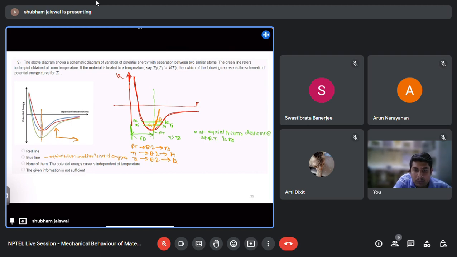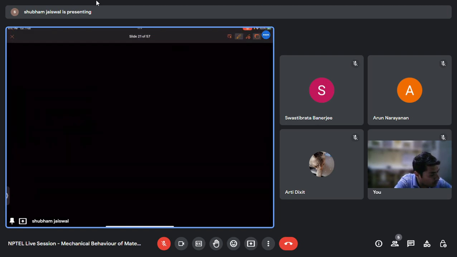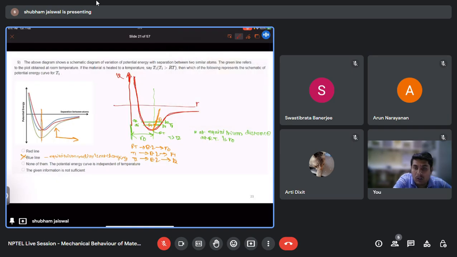So this can't be our option, and we can eliminate it. Now see the red one. For the red one, the potential energy is decreasing and the bond length is also increasing, from the original room temperature to some temperature T1. So the correct answer is the red line.